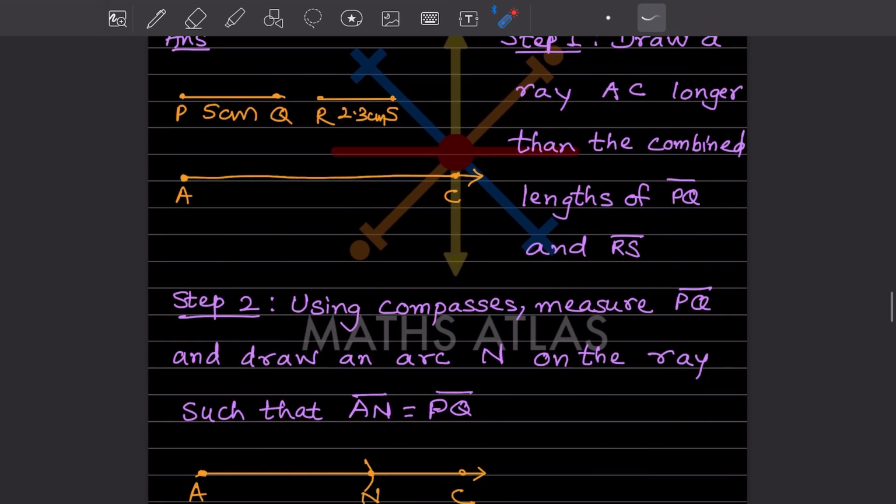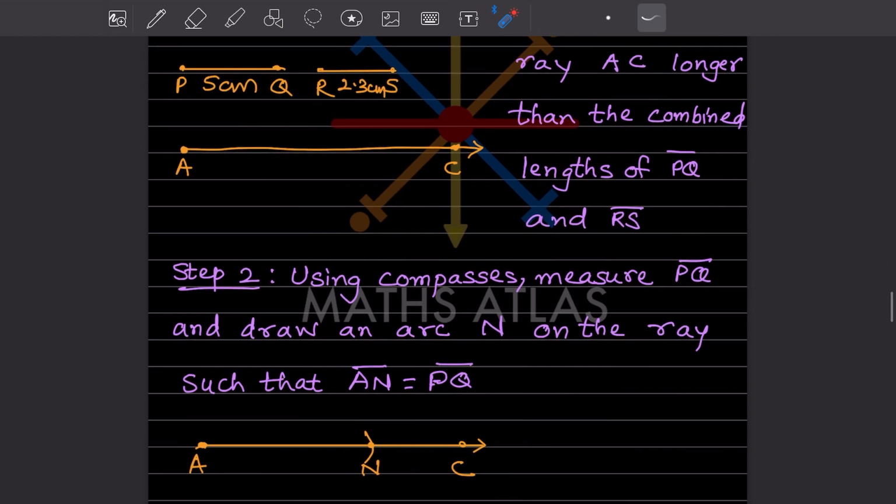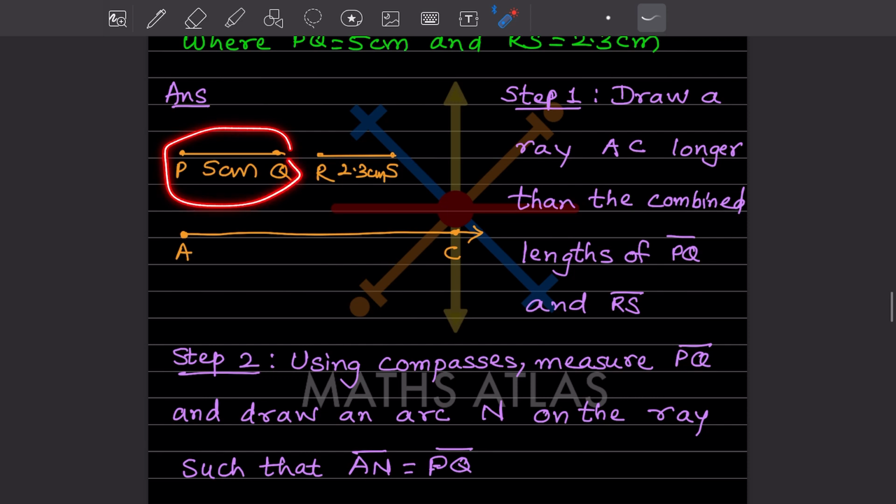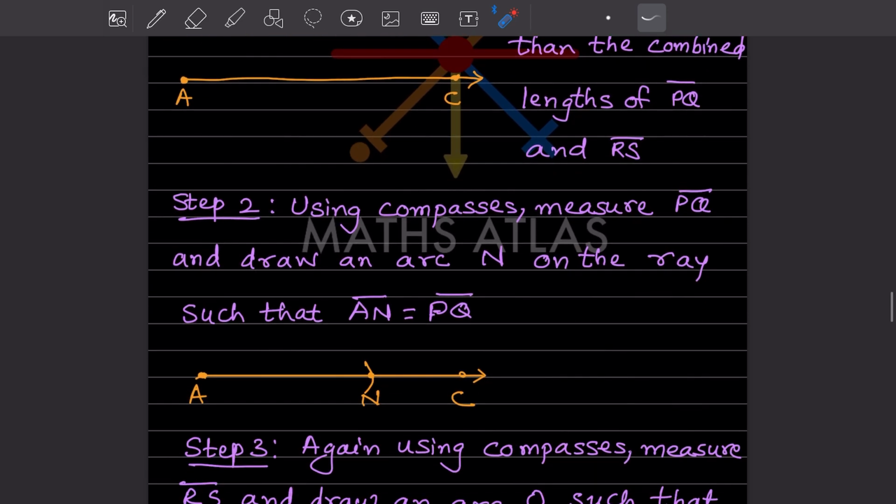Using compasses, measure PQ and draw an arc N on the ray. So first, you will take the 5 centimeter with the help of the compass, and starting from A you are going to mark it over here and draw the arc over here, N, such that AN will be 5 centimeter.